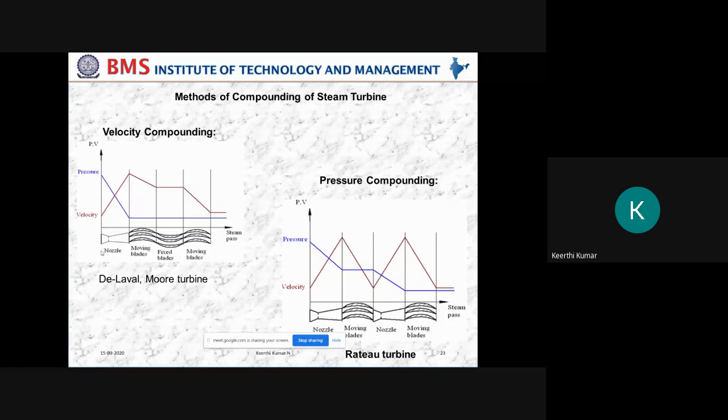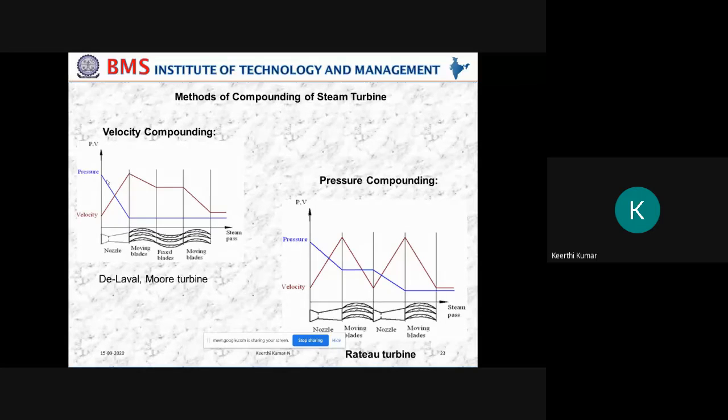The function of a nozzle is to convert the pressure energy of the steam to kinetic energy. That's what I show in the graph: the pressure at the inlet of the nozzle is high, and once the steam passes through, the pressure reduces and the velocity increases.